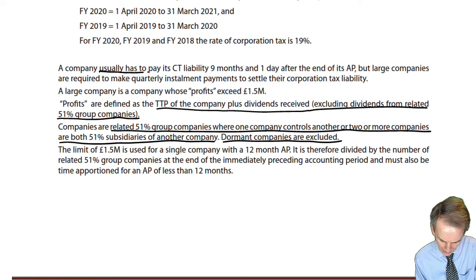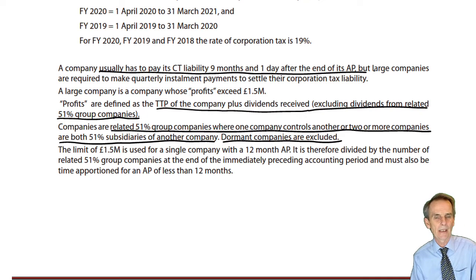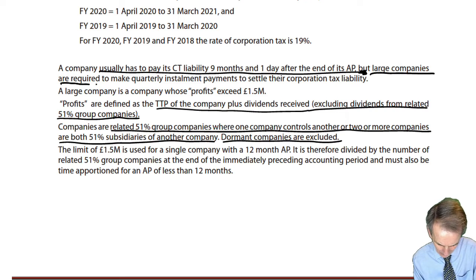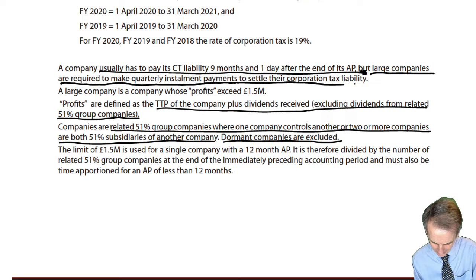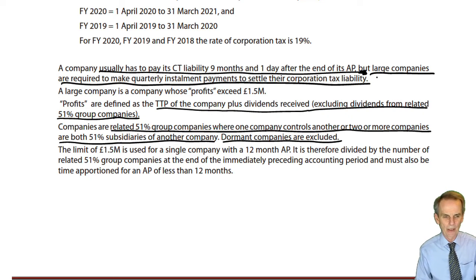But a company usually has to pay its CT liability 9 months and 1 day after the end of its accounting period. But, shall I tell you more about my but? I think I will. But large companies are required to make quarterly instalment payments to settle their corporation tax liability.